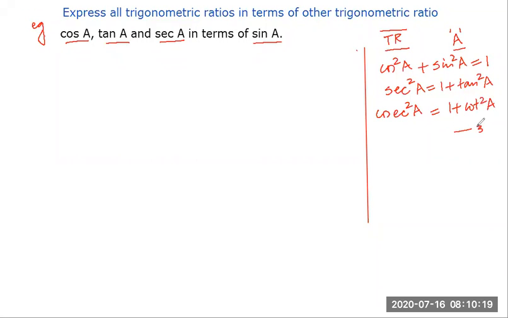These are the three trigonometric ratios we will be using to express cos A, tan A and secant A in terms of sin A.